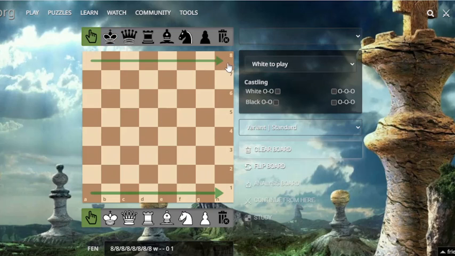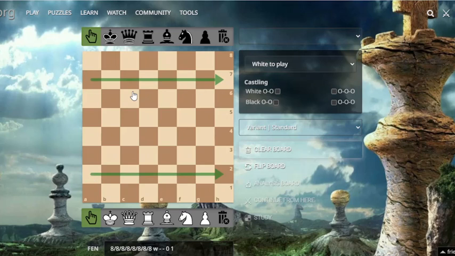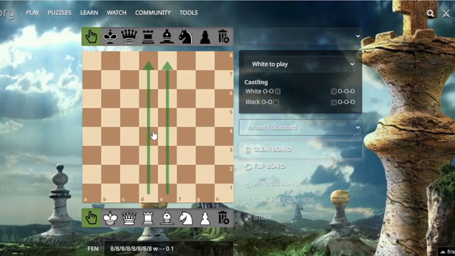And then this is called the back rank, which is where all your important pieces are, and these are the picnic tables, which when you get your rook or queen on, it can be very powerful. And these are the center two files, where your king and your queen are.